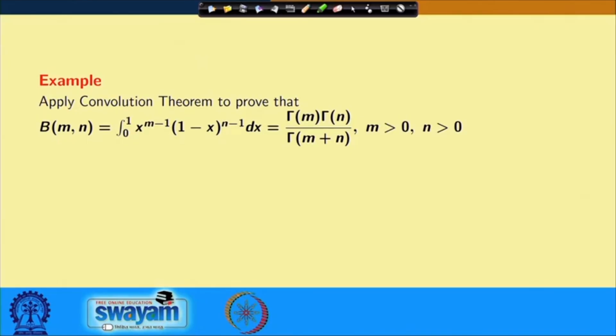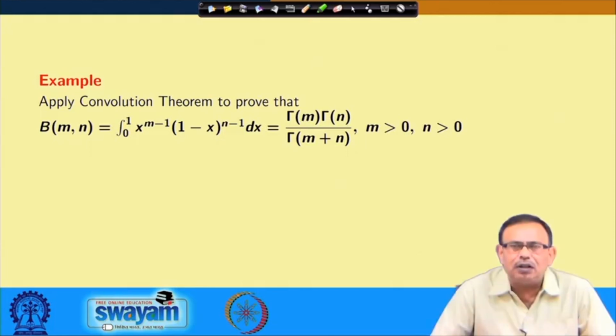Beta m n is the integral from 0 to 1 of x to the power m minus 1 into 1 minus x to the power n minus 1 dx, and we evaluated this integral. If I evaluate the integral, the result is gamma m gamma n by gamma m plus n.